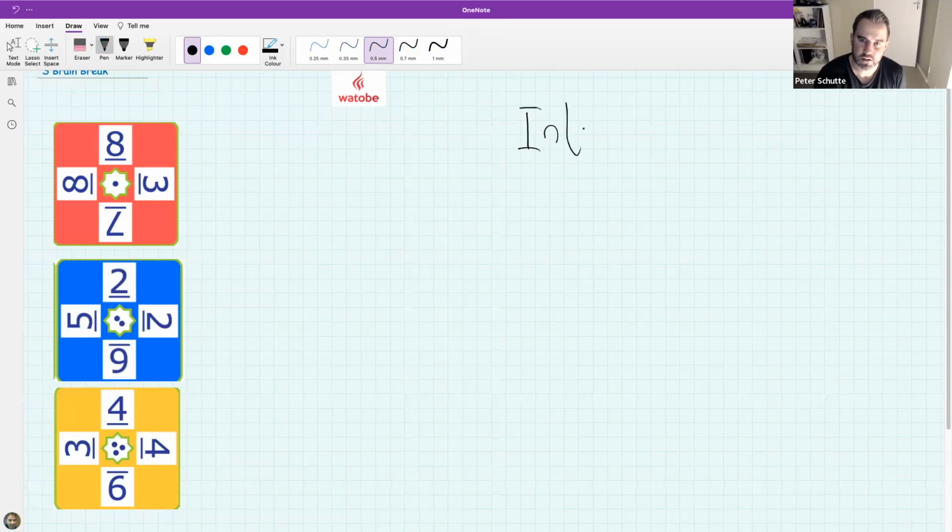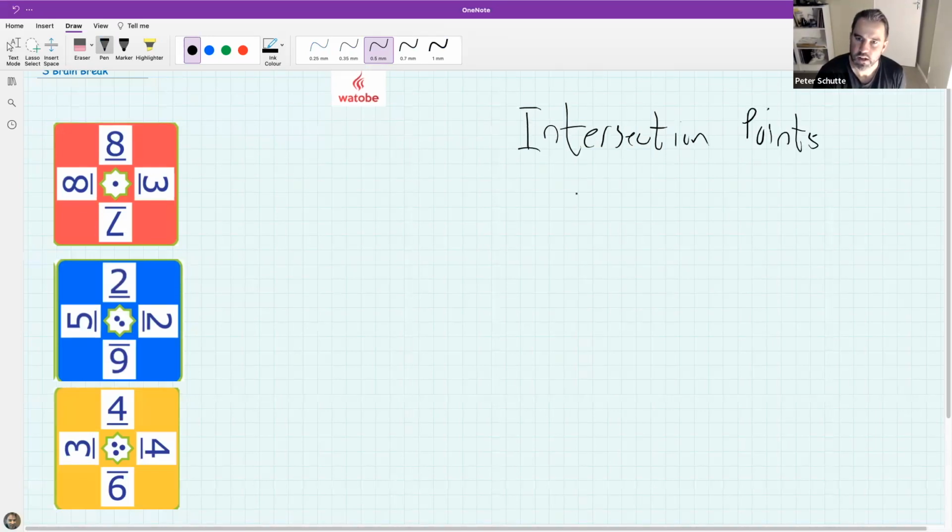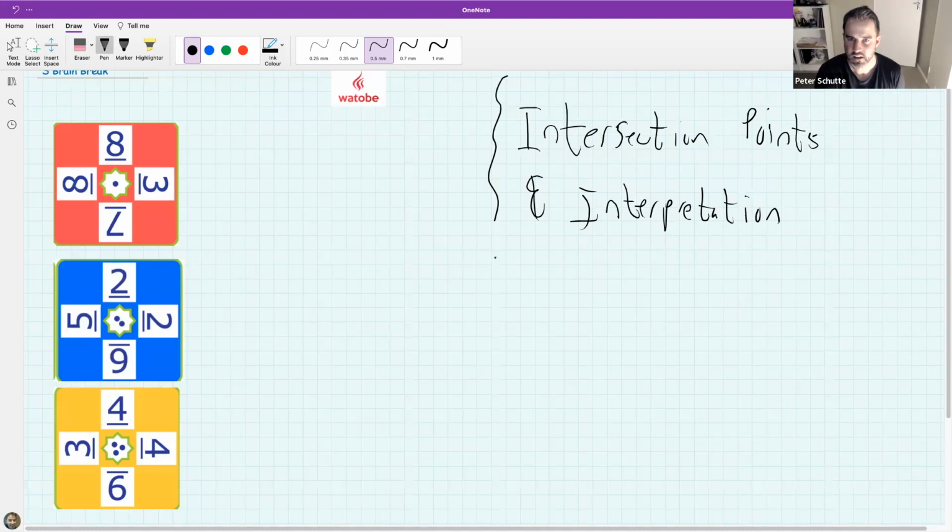I just called it intersection points and interpretation, because we're going to be interpreting graphs and functions as well, and intersection points is one of the things that you need to know how to do.